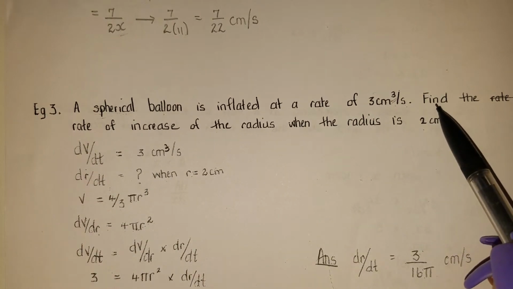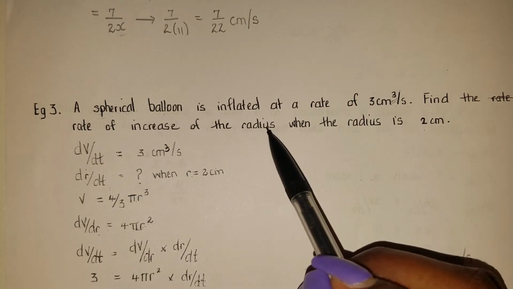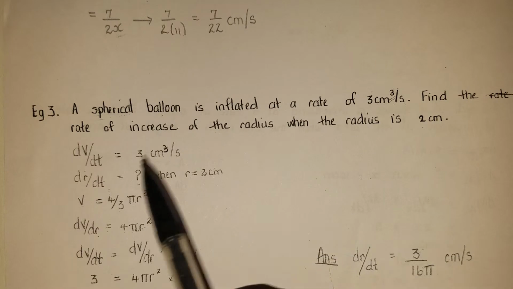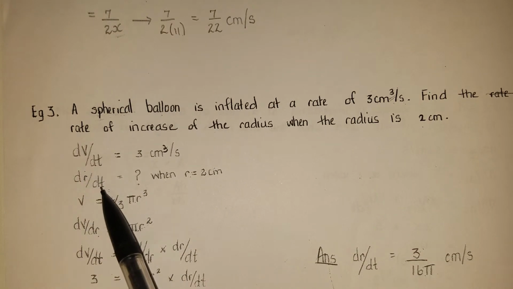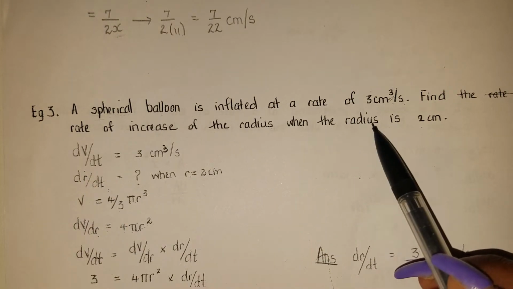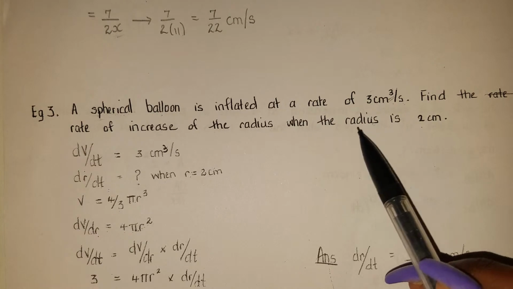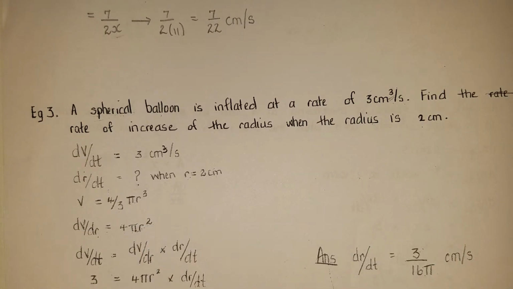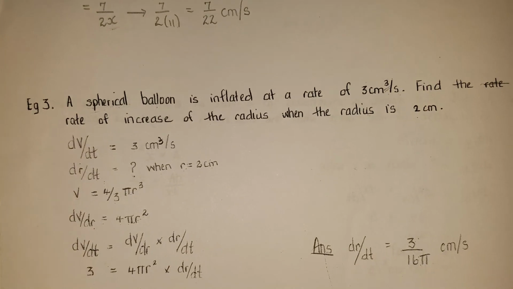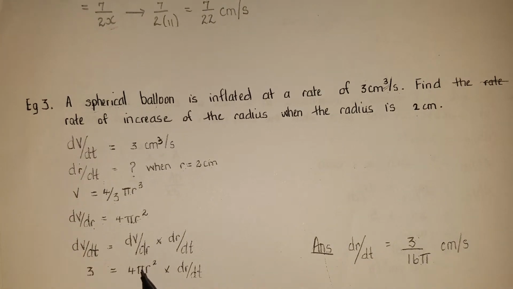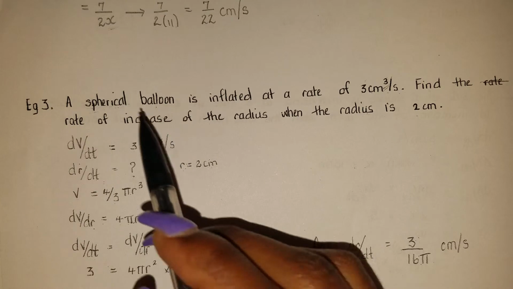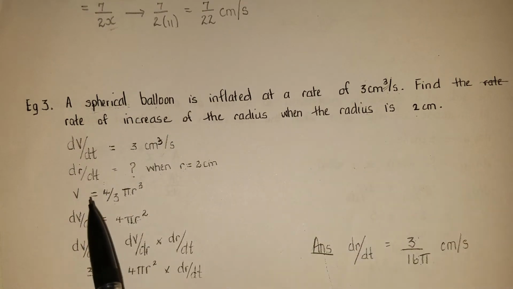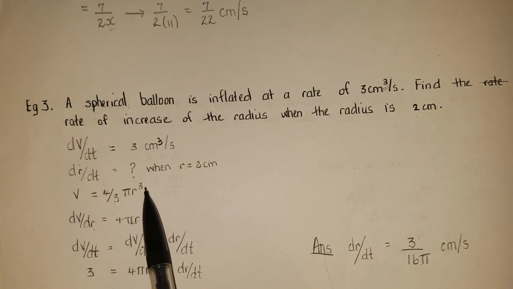It wants us to find the rate of increase of the radius. We're going to let r be the symbol for radius. So we're finding dr/dt, when the radius reaches 2 centimeters. That's when r is equal to 2. Here we're dealing with a sphere, and the formula for the volume of a sphere is 4 over 3 pi r cubed.